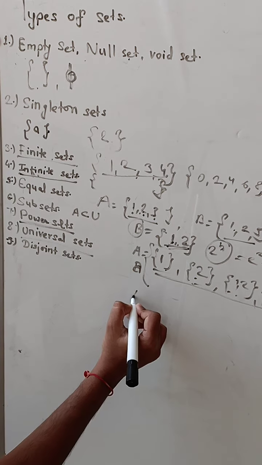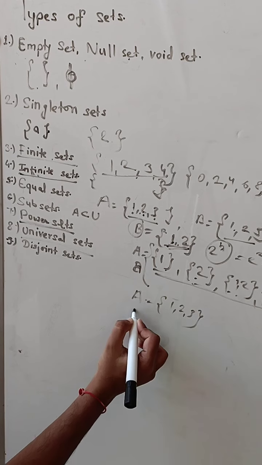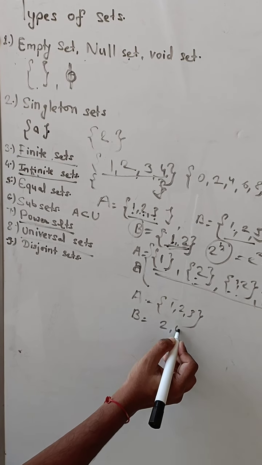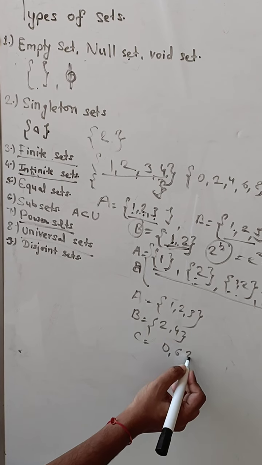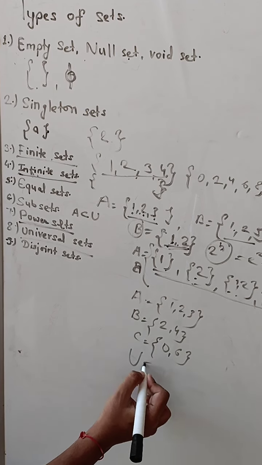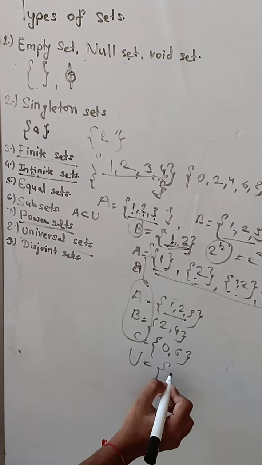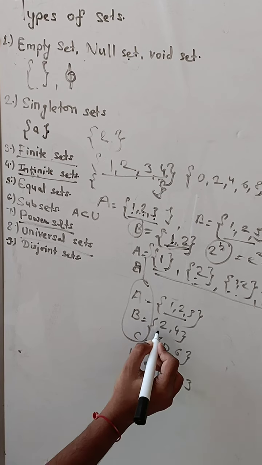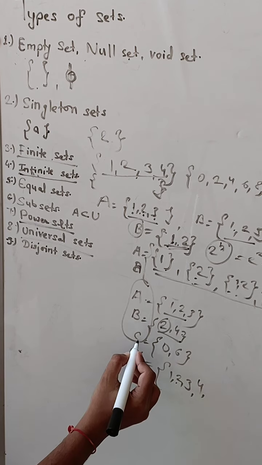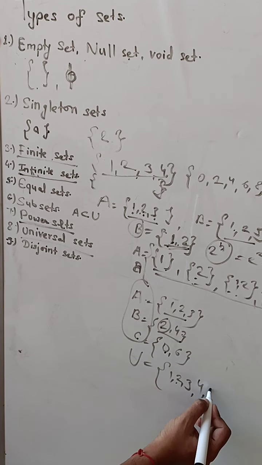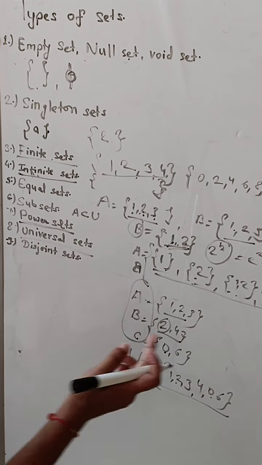For example, you are given set A as 1, 2, 3, set B as 2, 4, and set C as 0, 6. Then what is the universal set of these sets? It will be all the elements of A: 1, 2, 3; all the elements of B: 2 is already written, so I will not take that, 4; and all the elements of C, that is 0 and 6. So this is a universal set comprised of all the sets.